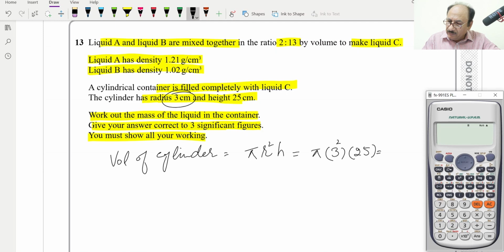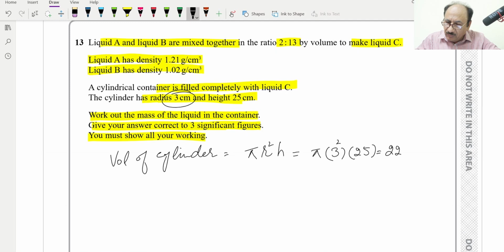So this will be pi multiplied by 3 squared multiplied by 25 is equal to 225 pi. I will keep it in the form of pi, so 225 pi. This is the total volume of liquid C.